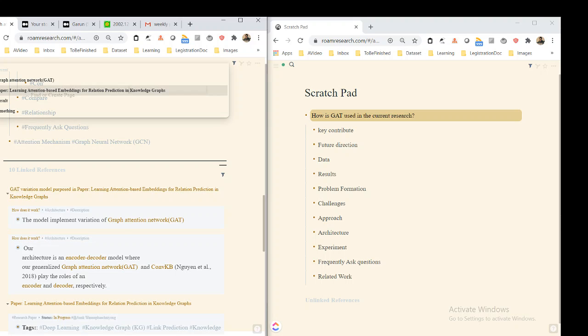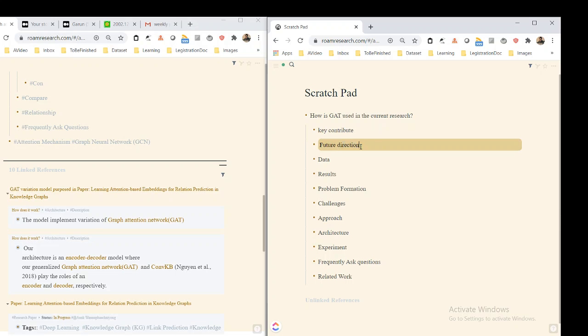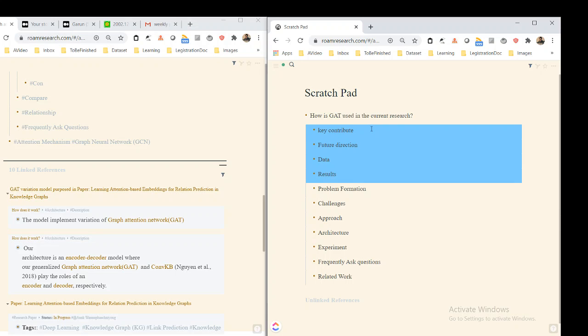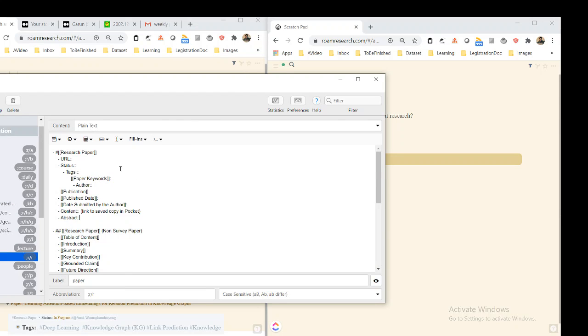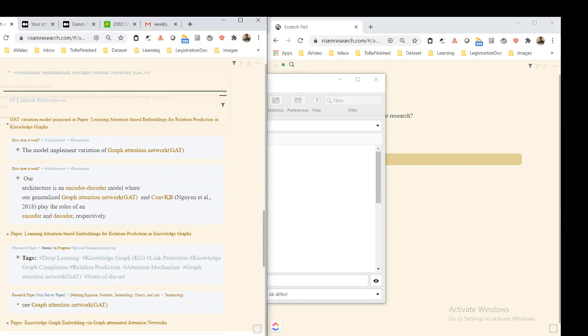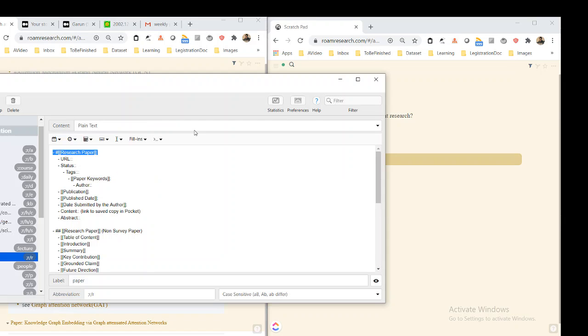So here I would go into this topic. What these are is basically tags that we have in the research paper page, which is the page used to write this type of page, where the paper and then the semicolon.